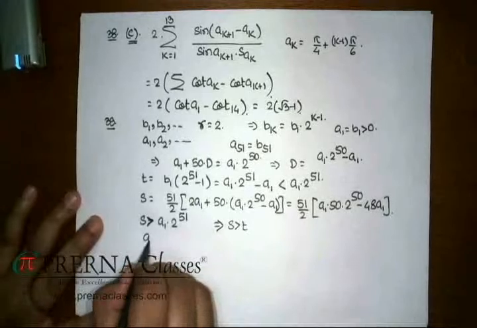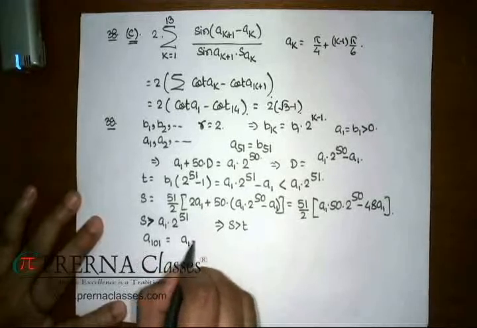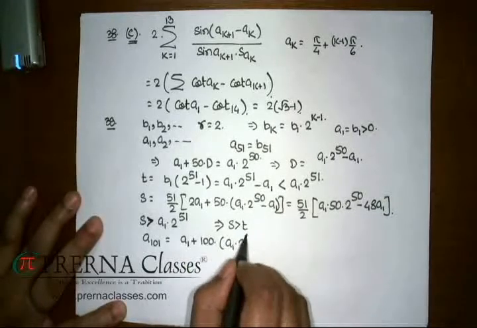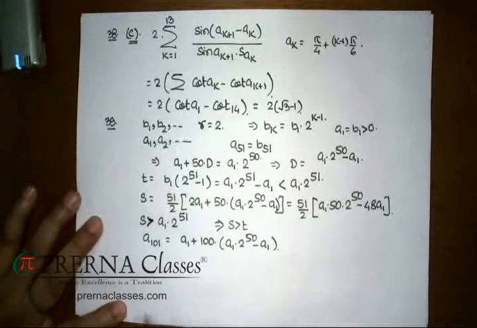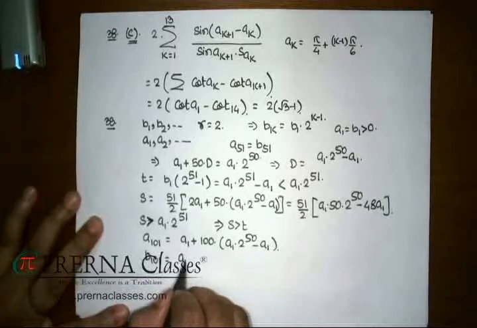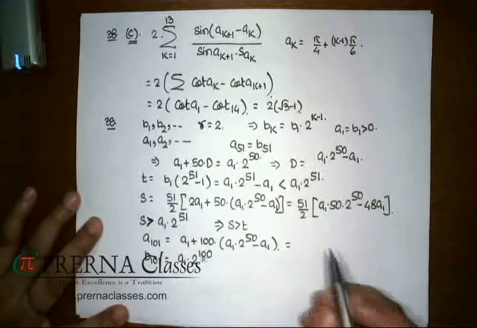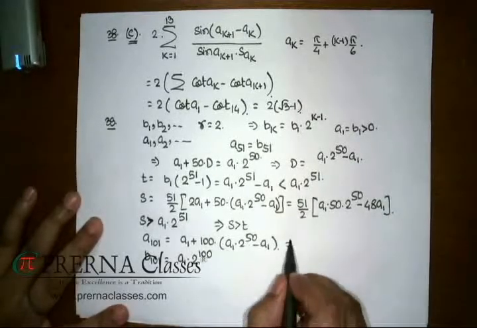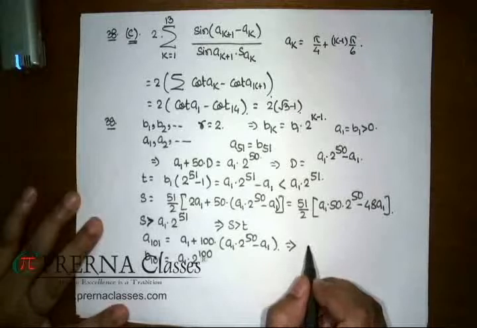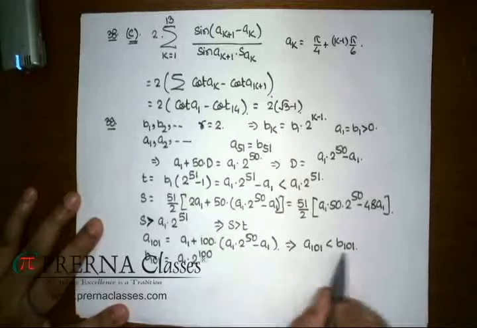And after this, in addition to this, you have to compare A101 and B101 also. A101 is nothing else but this, into the capital D value, which is, and B101, if you look at this expression, just by looking at these two quantities, if you compare them, you will find that A101 is lesser than B101.